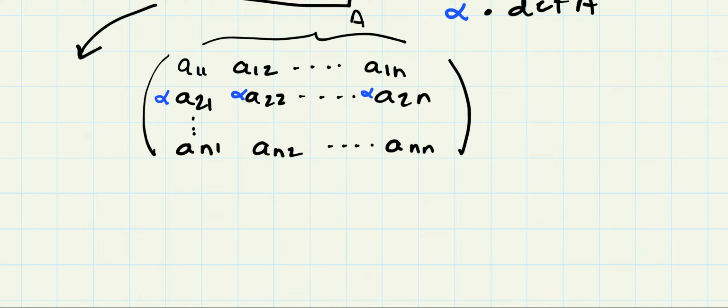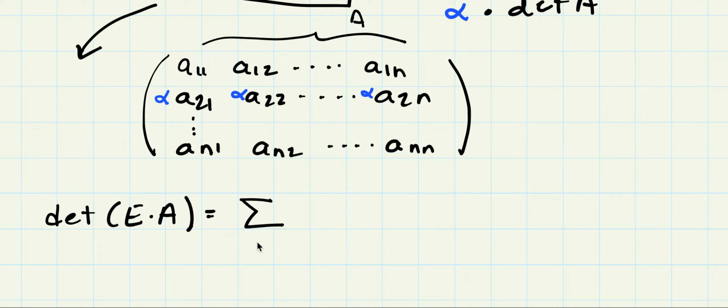So the determinant of E times A is equal to, well, remember that we're going along the kth row. We're assuming that alpha is along the kth row of this elementary matrix. So you have this elementary matrix here.